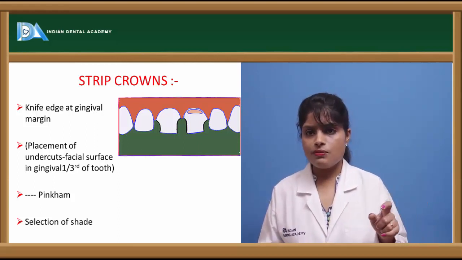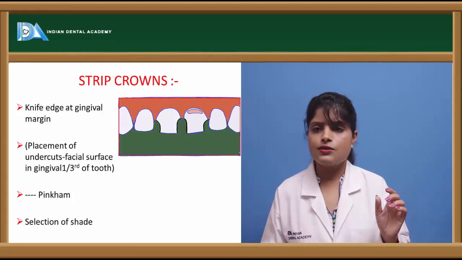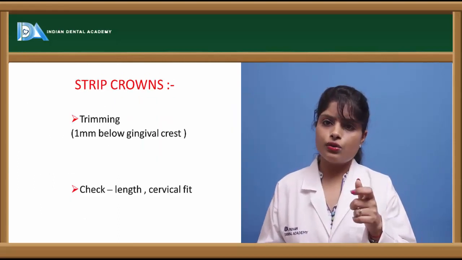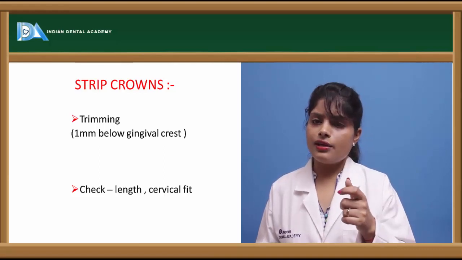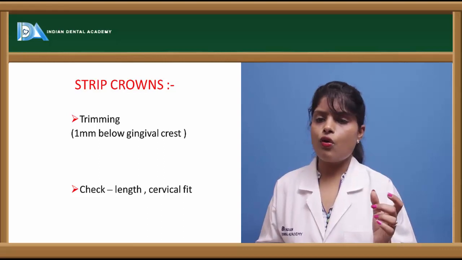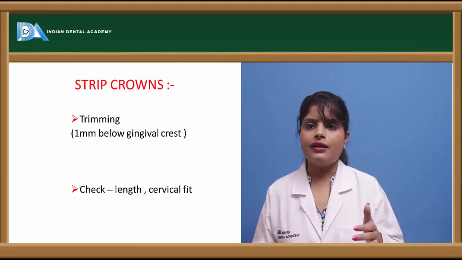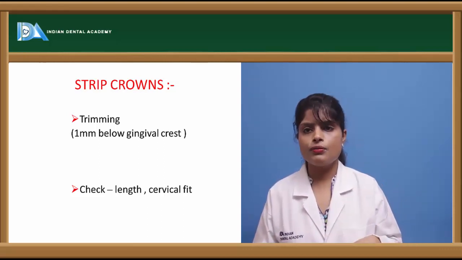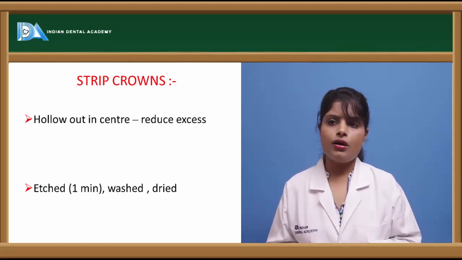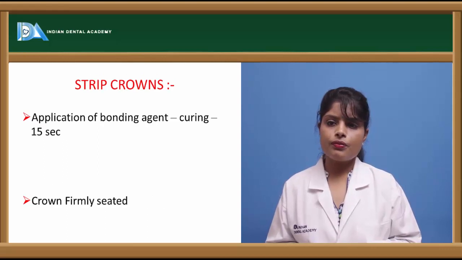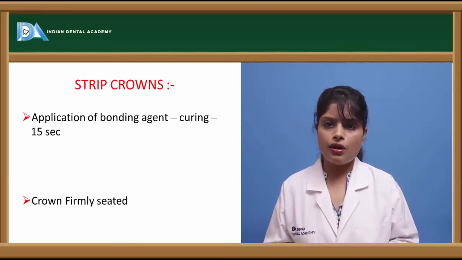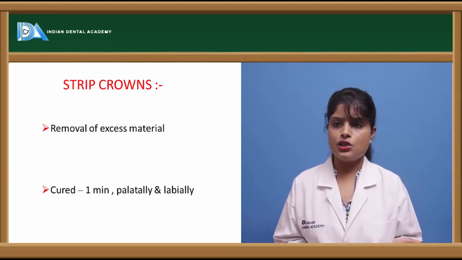Then the composite material or the glass ionomer cement is filled in the strip crown, and the crown is tried on the tooth. After trying the crown on the tooth, the crown is cured by means of a composite light, and finally it is scraped out from the tooth structure, and the crown is finished and polished. The excess cement will flow out from the crown vent which was created additionally.